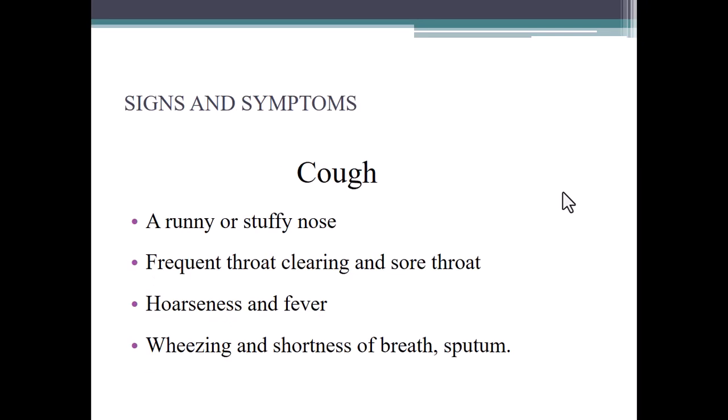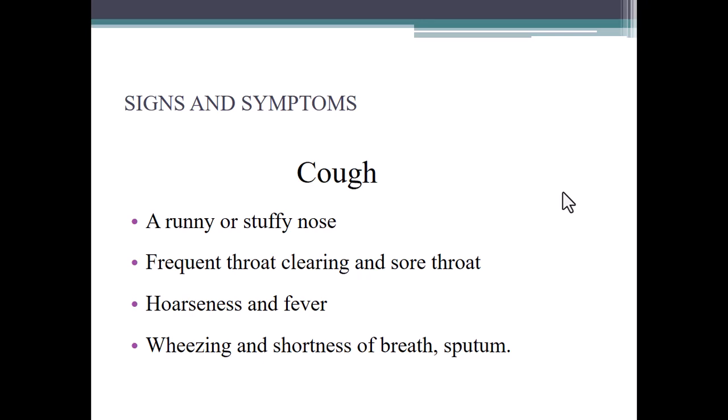So what are the signs that someone can present when they're having cough? With cough, a person may have a running nose and may have frequent throat clearing and sore throat, may also have fever, and may also have shortness of breath, and sometimes may have sputum.